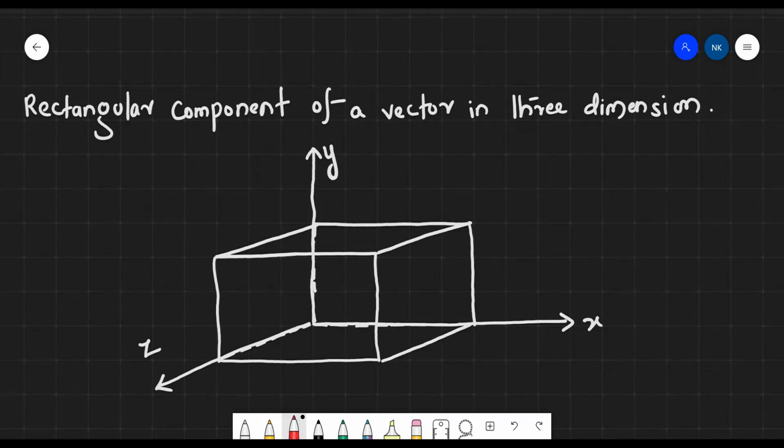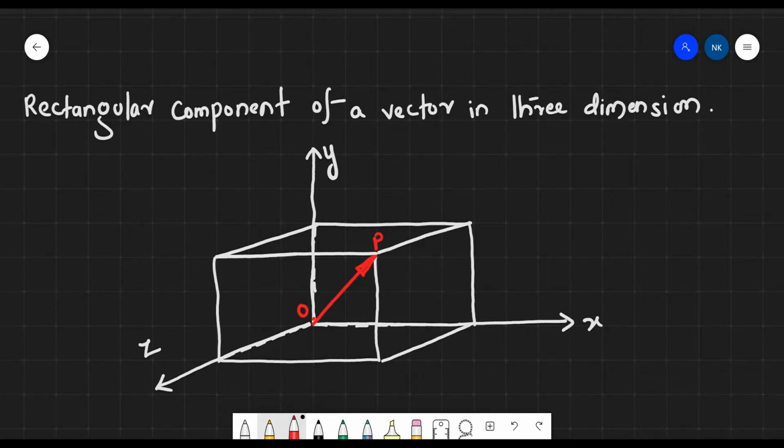Okay, and let me have a vector, say OP vector. It's a 3-dimensional one. So this OP vector, I would like to name it here OP vector.